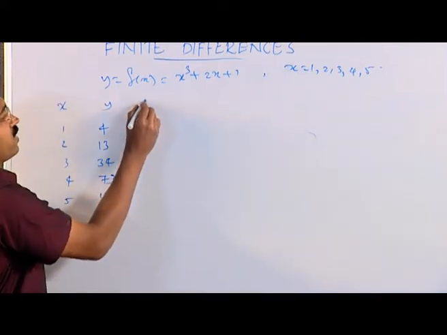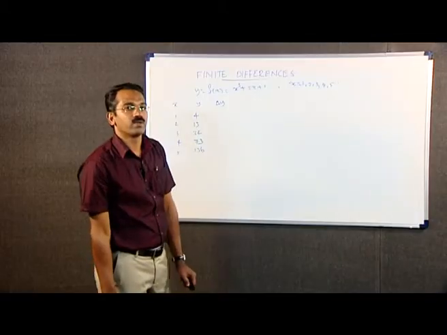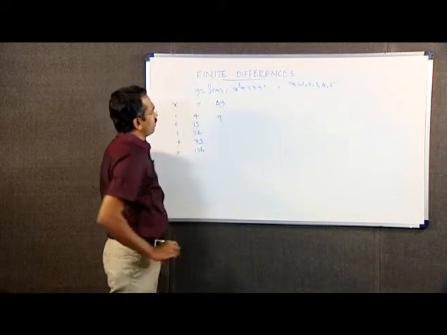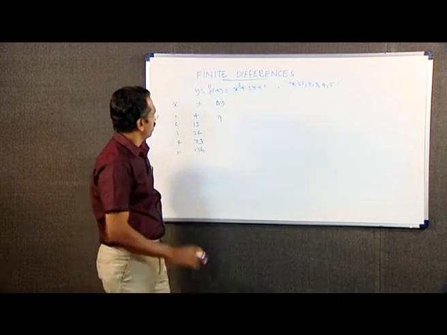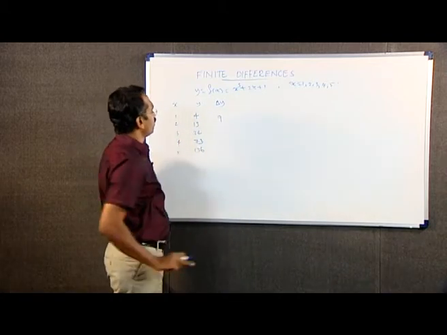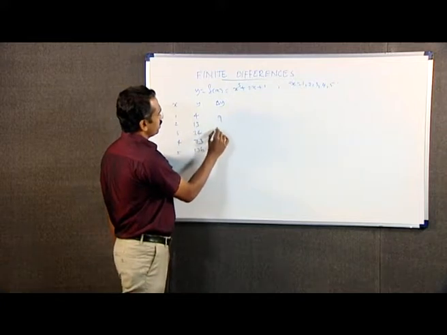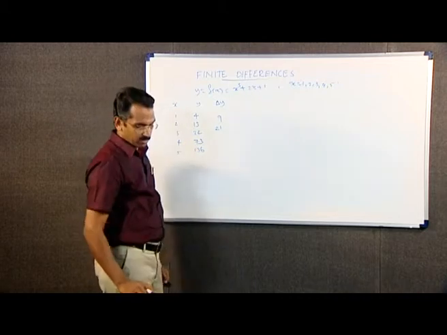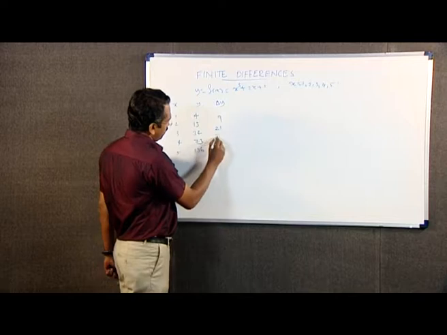The first differences are here 13 minus 4, that is 9. We mark 9 in between 13 and 4. Next difference is 34 minus 13, that is 21. 73 minus 34, that is 39.